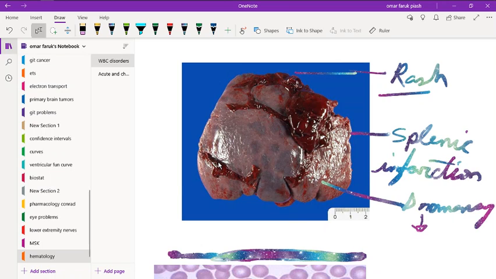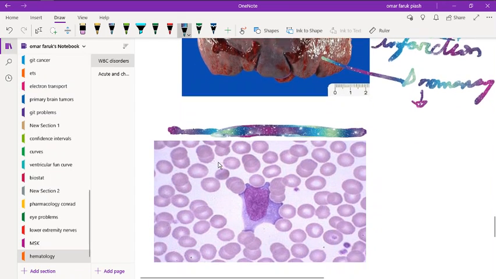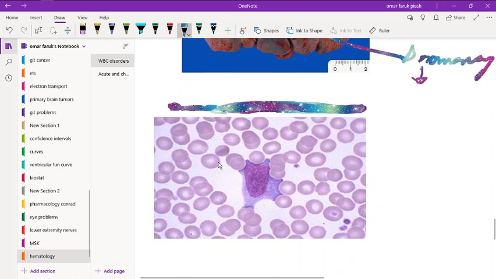And this is the picture of atypical lymphocytes in infectious mononucleosis. EBV infection results in lymphocytic leukocytosis comprised of reactive CD8 cells.